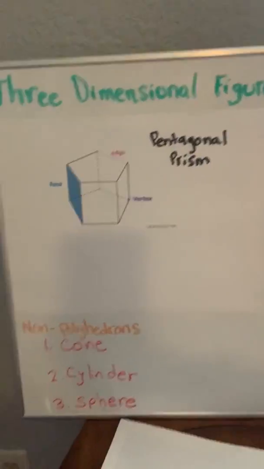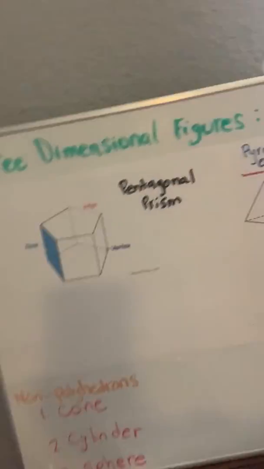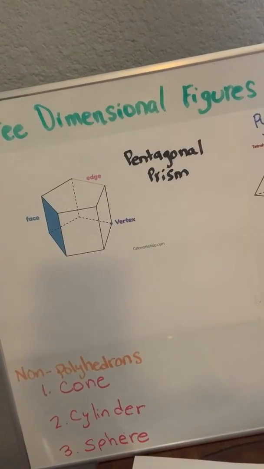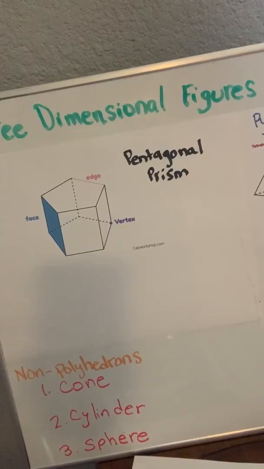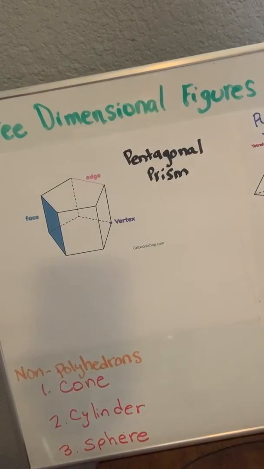Now, back to the prism I just showed you. What makes something a polyhedron and not only a polygon? Well, a polygon is just two dimensions, while a solid figure that has 3 dimensions, like I just told you, length, width, and height, is called a polyhedron, okay?